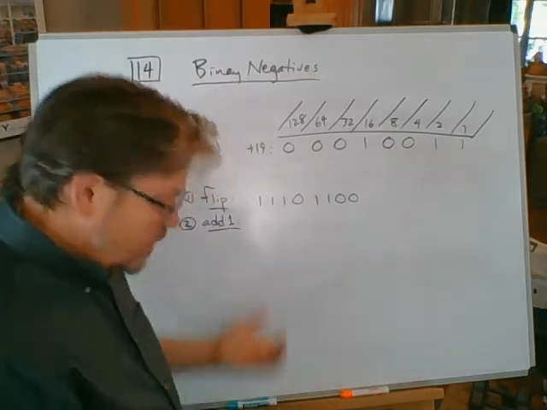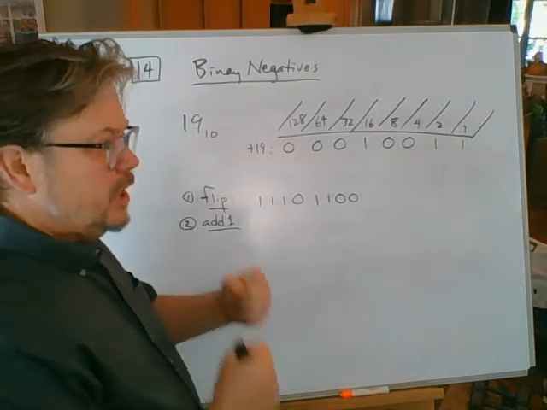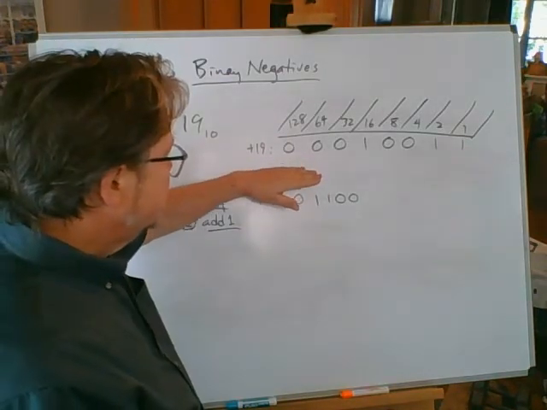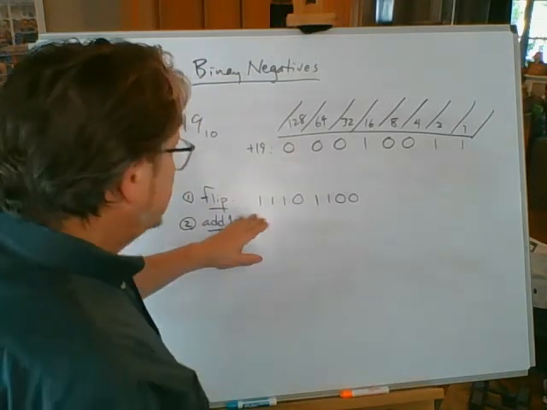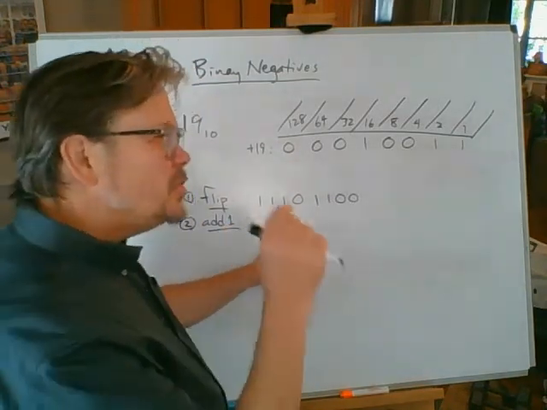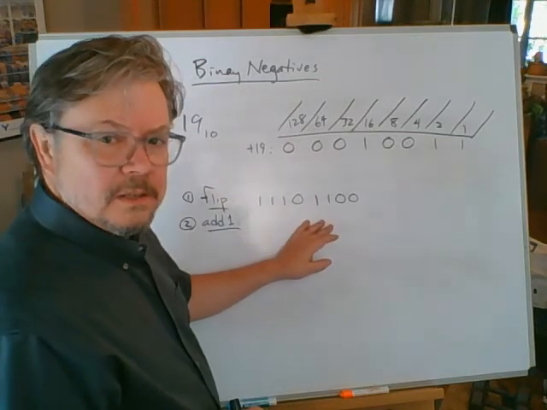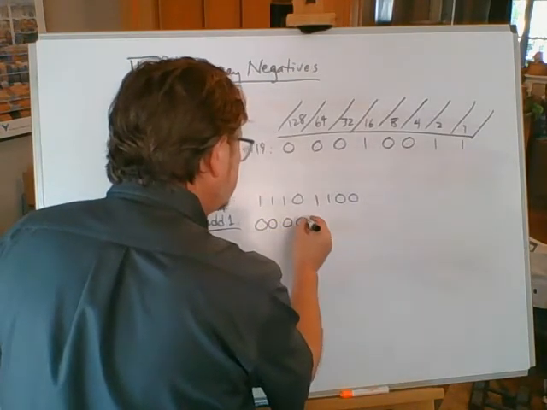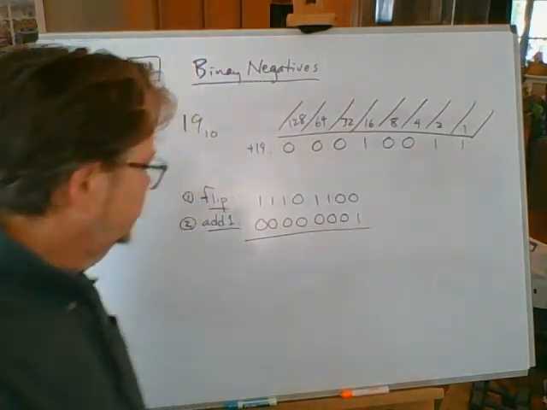Why are we doing this? We are forcibly generating a pattern, we hope, that we can add to 19 to reset us back to 0. That is our goal here. Flip the bits, add those up, I'll get solid 1s. I need to add 1 more to completely reset the odometer. Well, look at that.